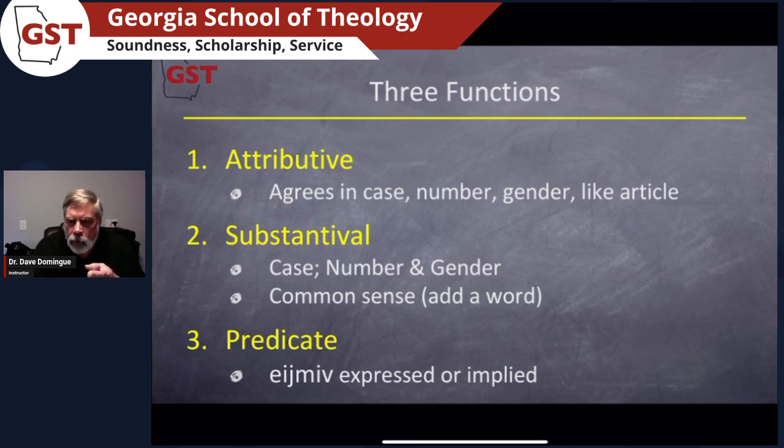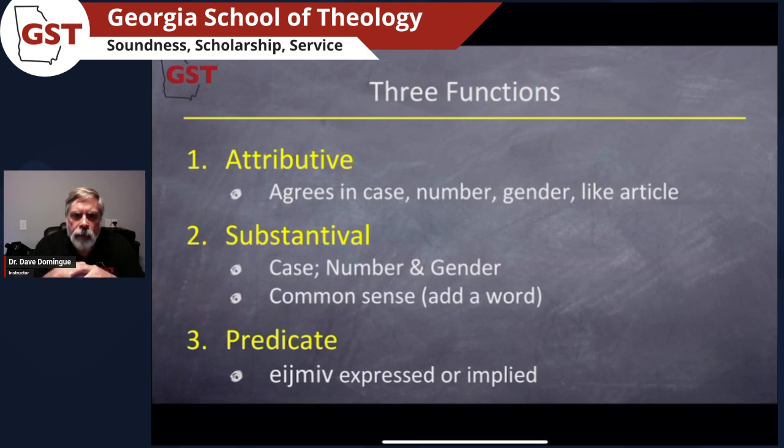So if the noun it's modifying is in the nominative, then the adjective will be in the nominative, genitive, dative, or accusative, singular or plural, masculine, feminine, or neuter. So the adjective has a great deal of flexibility so that it can agree with whatever noun it's going to modify.